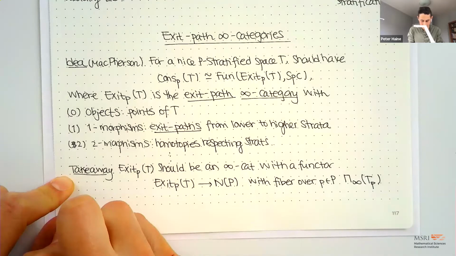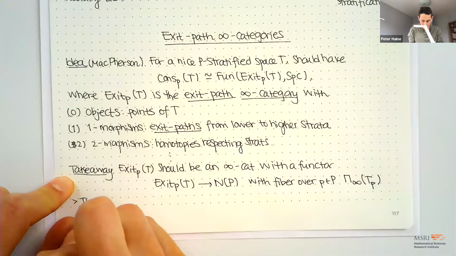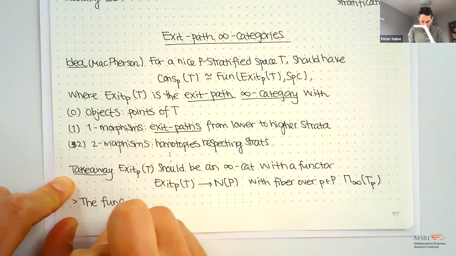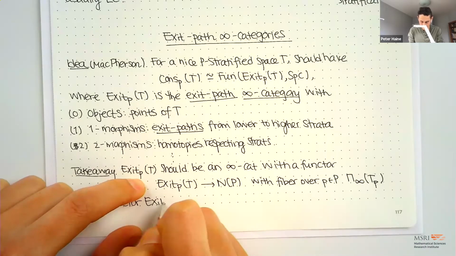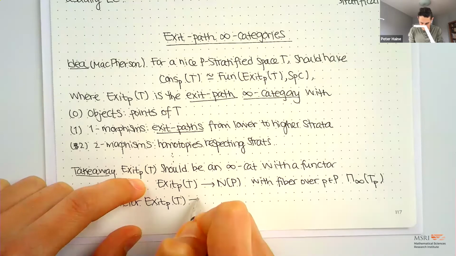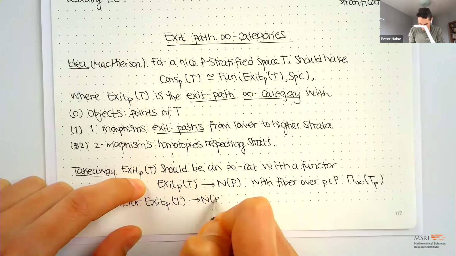In particular, this means that the functor here is conservative.